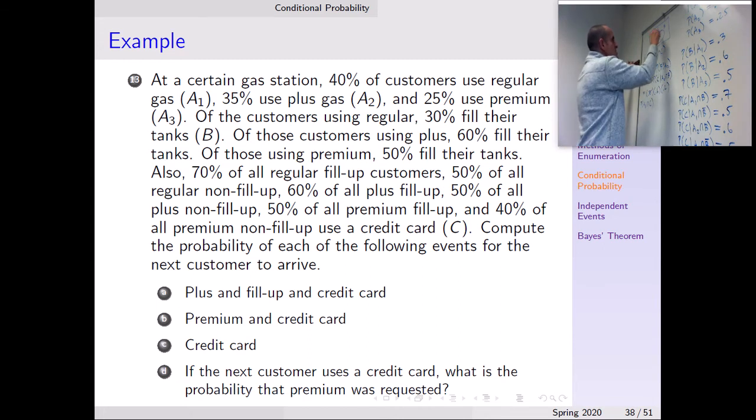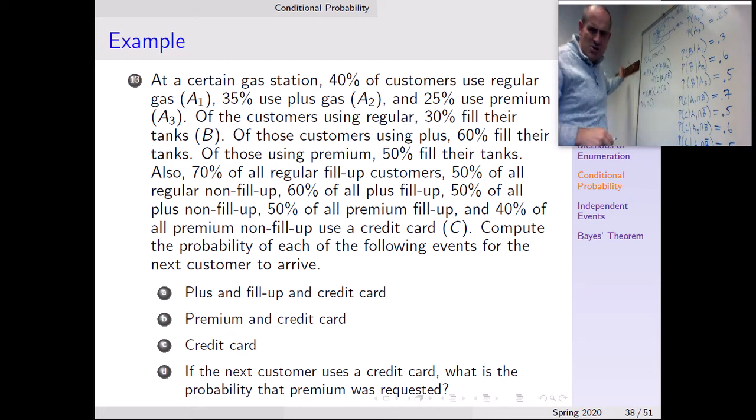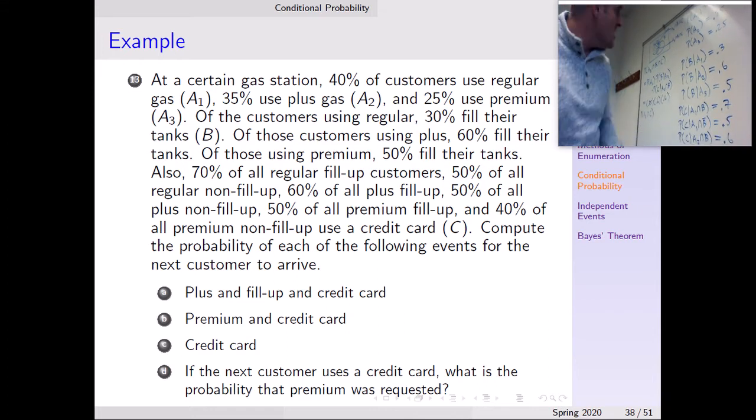Okay? So this event right here is A3 and B and C. And this right here, let me just point at it, that right there is A3 and B bar and C. So it's A3 and B and C, and A3 and B bar and C. We can split up this event over B and its complement.